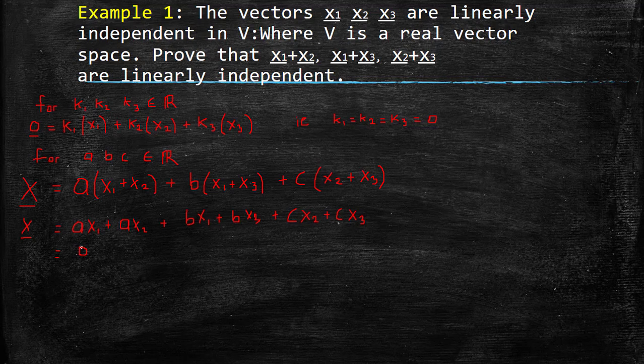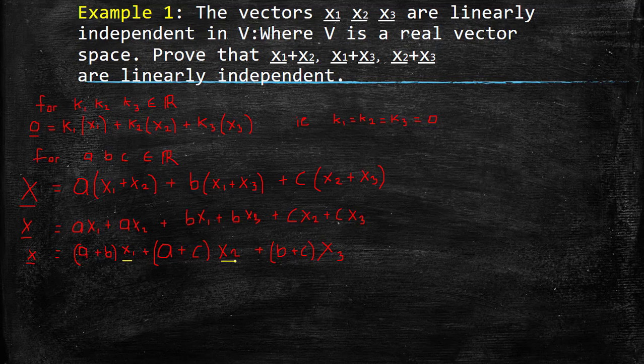Now simplifying this, we have (a plus b) x1 plus (a plus c) x2 plus (b plus c) x3.